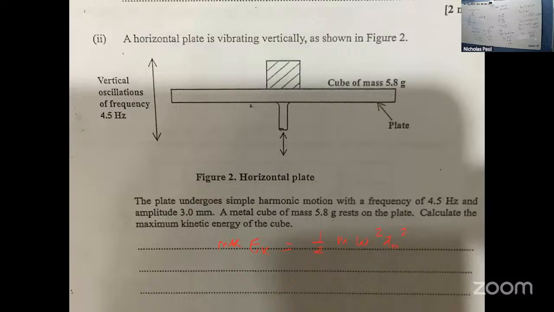Because remember, maximum velocity occurs when x is 0. I'll change colors just for you. That'll be a half m omega squared x naught squared.